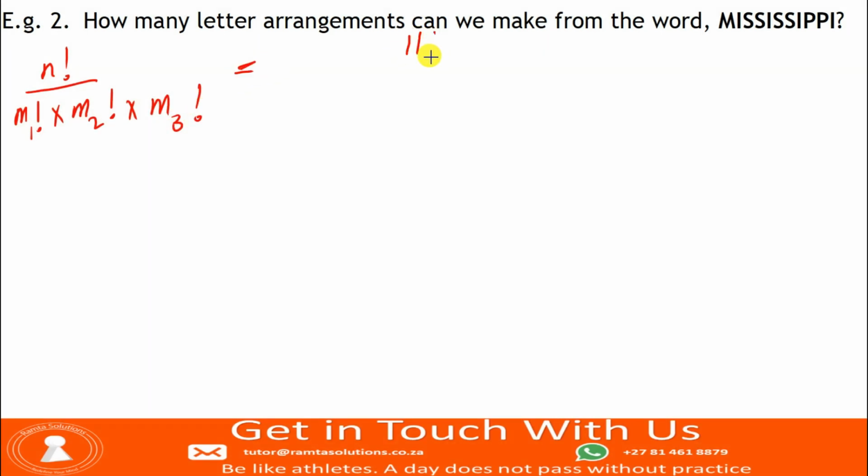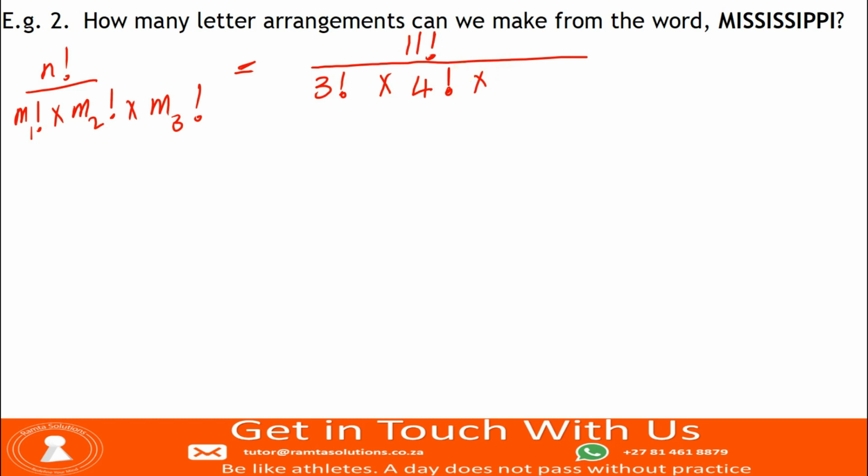There are 11 letters making up the word Mississippi. Now, let me confirm. Yeah, it's 11.